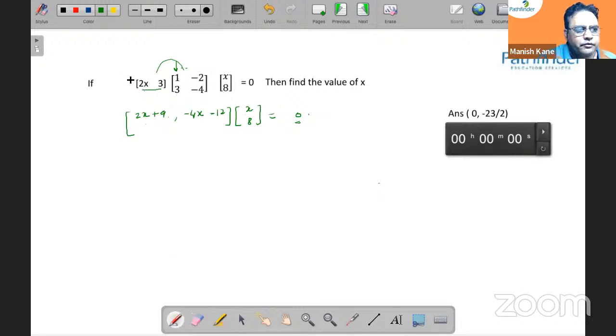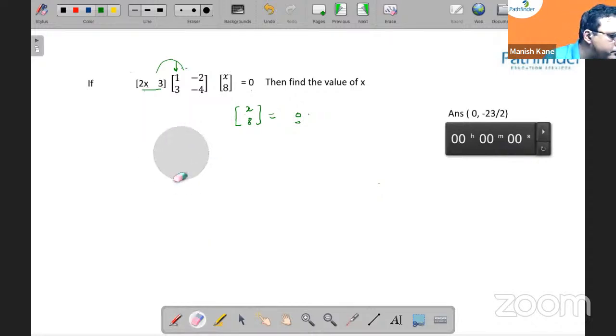Okay, the question is the determinant of this product is 0, which means 2x plus 9 into x, right? Have I made a mistake in this multiplication? Let me just check that also.